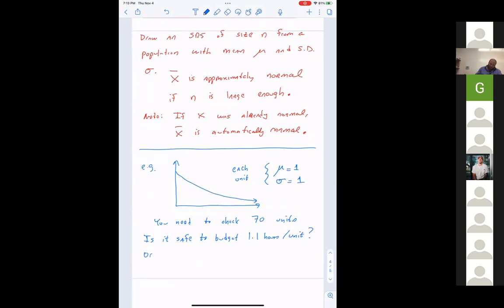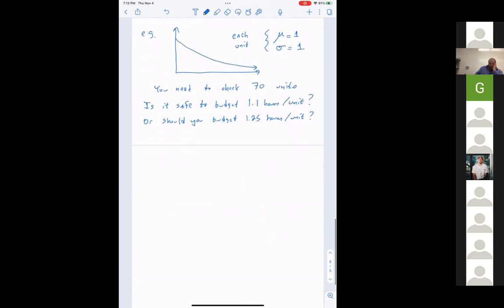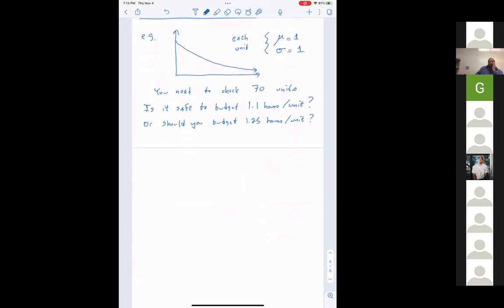Or should you budget 1.25 hours per unit? That's the question. Is it safe to budget 1.1 hours per unit, or should you budget 1.25 hours per unit?